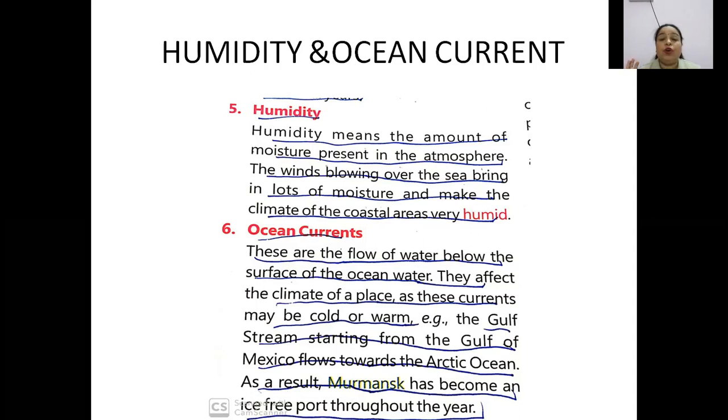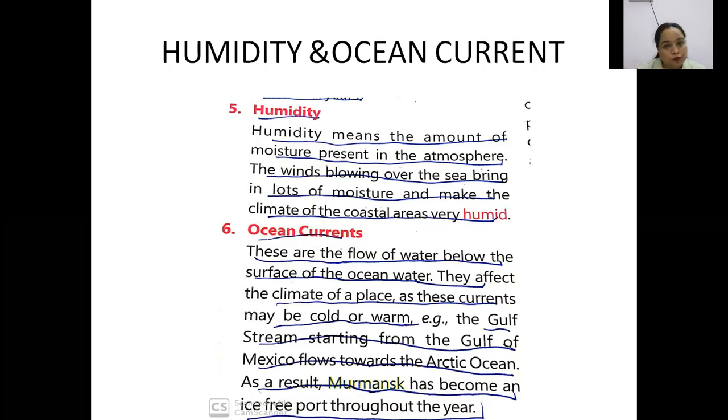The winds blowing over the sea bring a lot of moisture and make the climate of the coastal areas very humid. In these months of April, May, etc., the coastal areas are very humid because a lot of moisture is being absorbed by the air during the summer season.